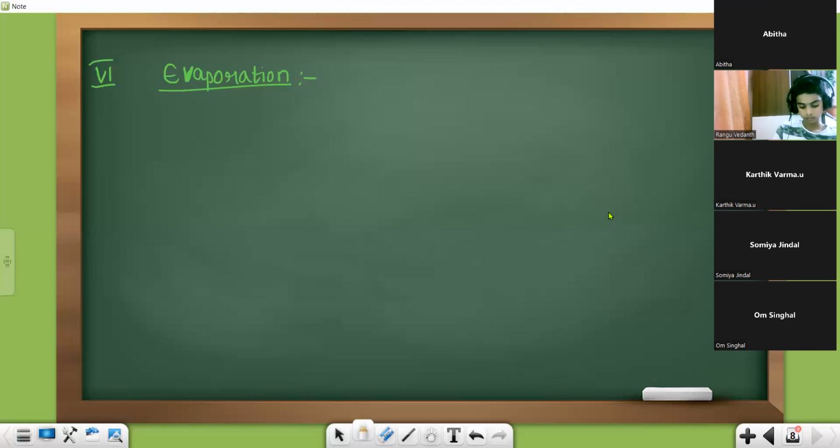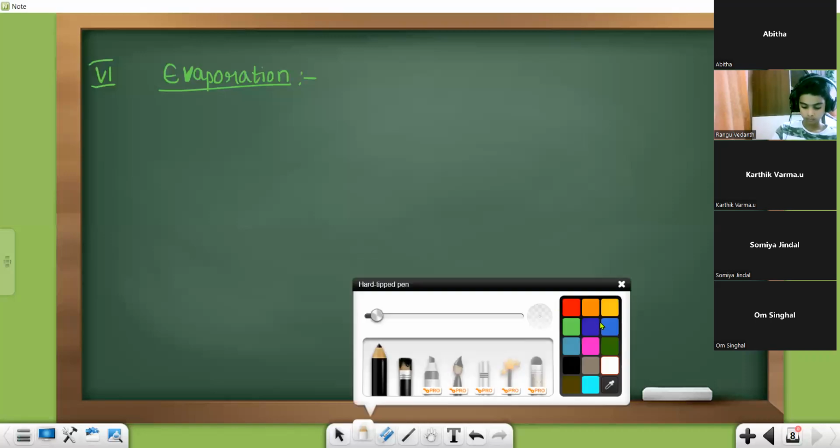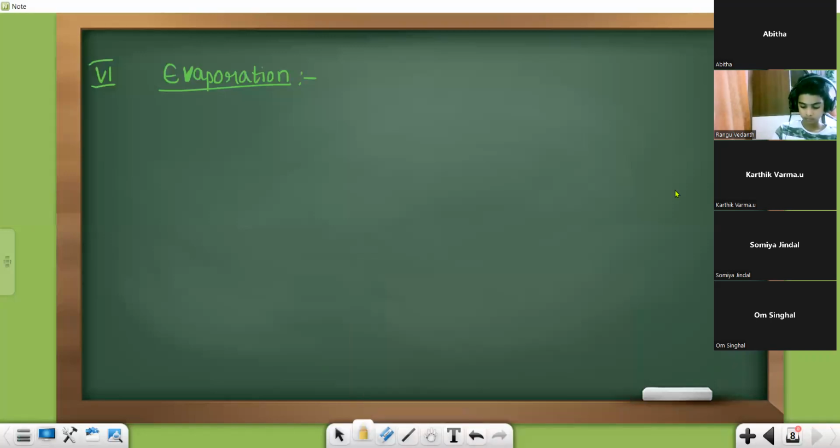So evaporation is the conversion of water into vapor. But in chemistry, exactly what we have to say is that evaporation is the conversion of water into vapor below its boiling point. That is the correct definition. Water is heated to 100 degrees Celsius; below 100 degrees Celsius, if the water becomes vapor, that is called evaporation.